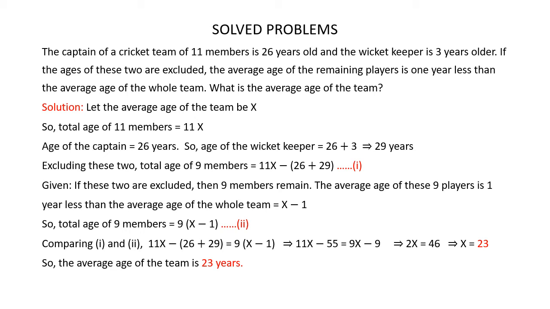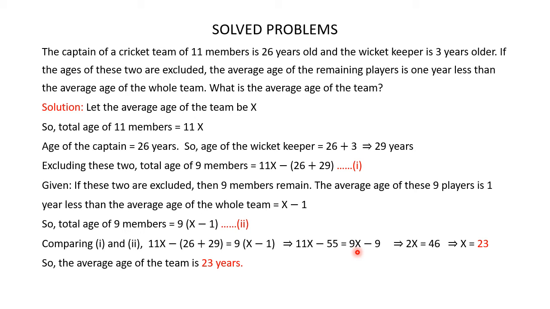Now comparing equation 1 and 2, we get 11x minus 26 plus 29 is equal to 9 multiplied by x minus 1. This is nothing but 11x minus 55 is equal to 9x minus 9.